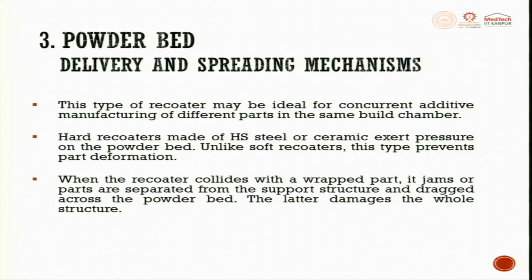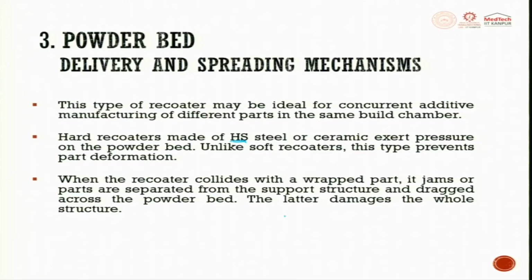The type of recoater may be ideal for concurrent additive manufacturing of different parts in the same build chamber. Hard recoaters made of high speed steel or ceramic exert pressure on the powder bed. Unlike soft, this type prevents part deformation.